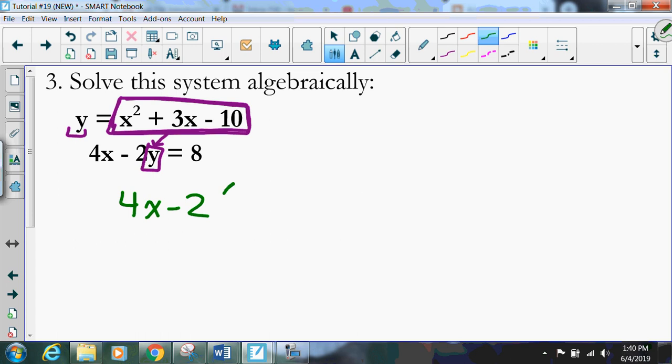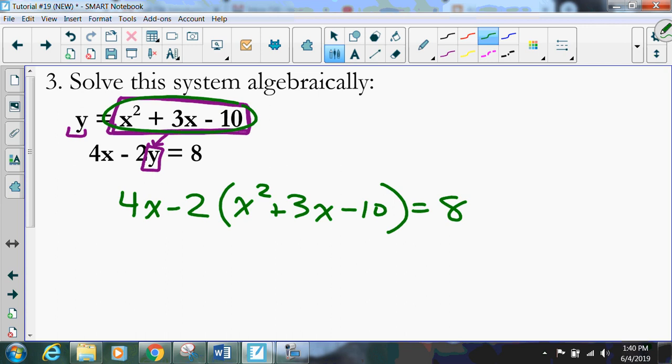And when I see the y, instead of writing a y, I'm going to plop this whole thing in, and I'm going to use parentheses to hold it all in. That's really important. So notice I just took the second equation, and the only thing I did was instead of writing the y after the 2, I plugged in the right side of the first equation.